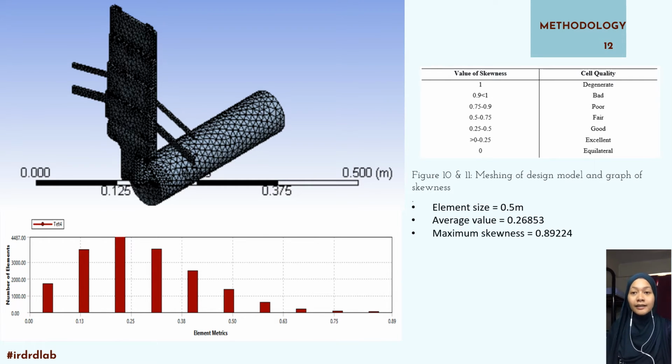The basic guideline for tetrahedral grid skewness for most flows is that it should be kept under 0.95 with an average value below 0.33 according to the ANSYS Fluent documentation. The maximum skewness is 0.89224, whereas the average value is 0.26853. Furthermore, the cross-sectional mesh of the casting system in this work, such as the runner, gate, cavity, and overflow, forms a complicated mesh.